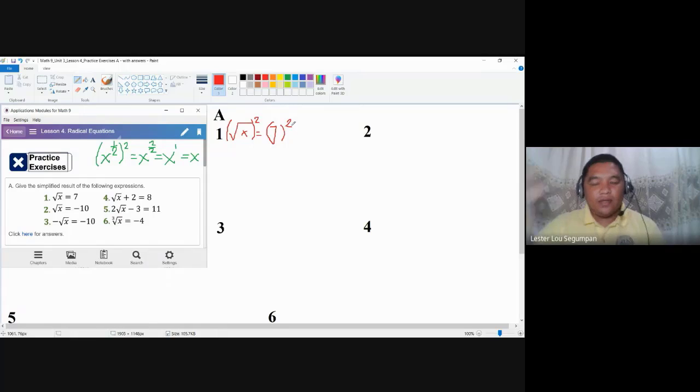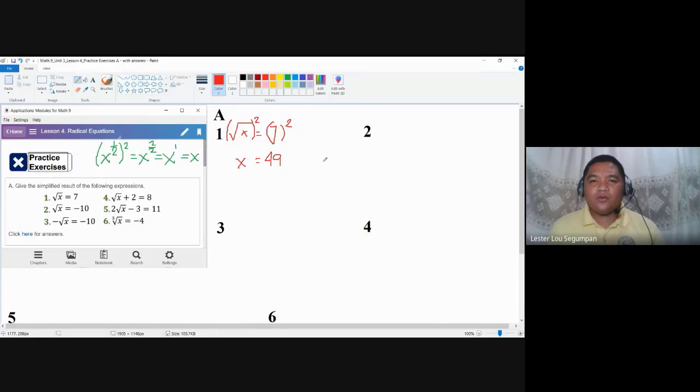Then the next step is x equals the square of 7, which is 49. That is the mathematical proof that in our guess and test, or trial and error, we solved 49 as the value of x.